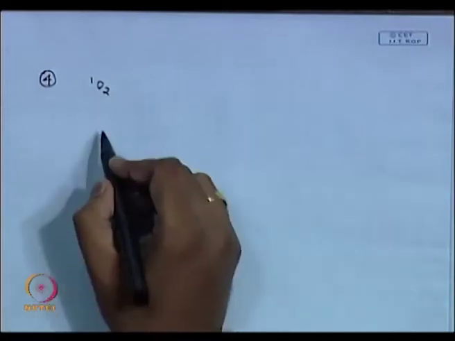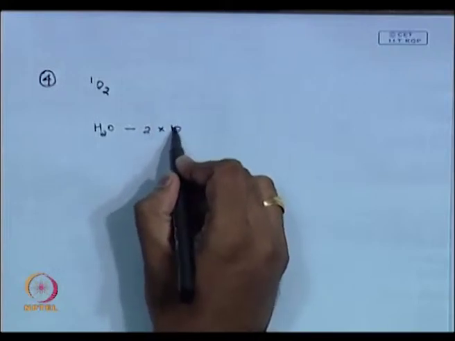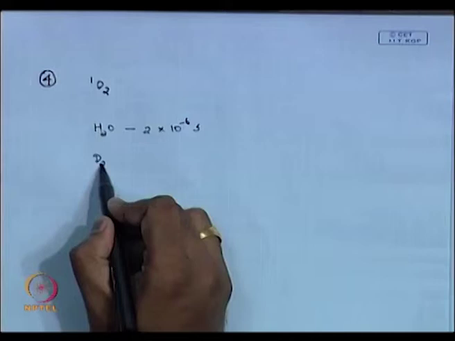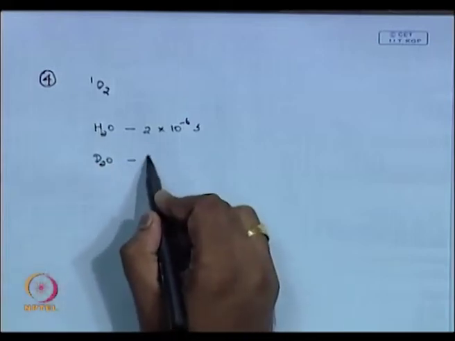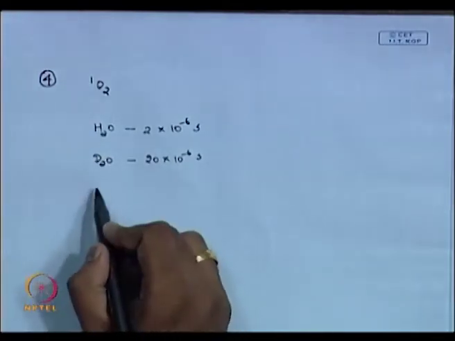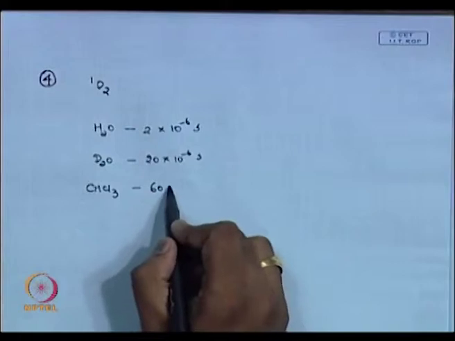In water, it has a lifetime of 2 into 10 to the power of minus 6 second, but in D2O, it increases to 20 into 10 to the power of minus 6. In chloroform, it gets 60.